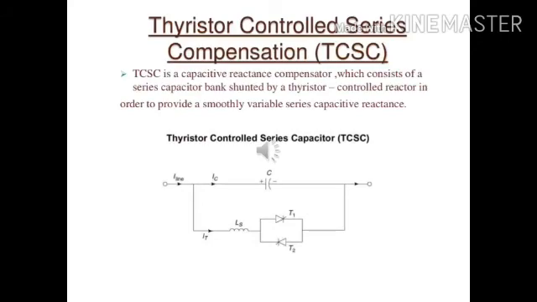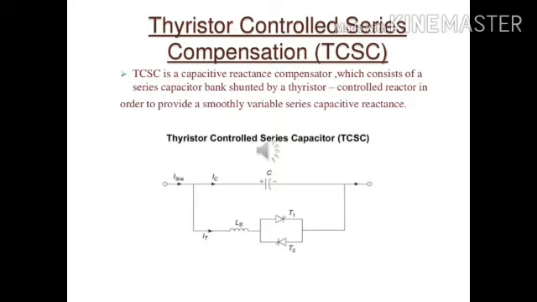First we have the Thyristor Controlled Series Compensator, that is TCSC. TCSC is a series connected device which varies the impedance of the transmission line to improve the power transfer capability and the voltage profile of the power transmission network. That is why the series compensator is required.